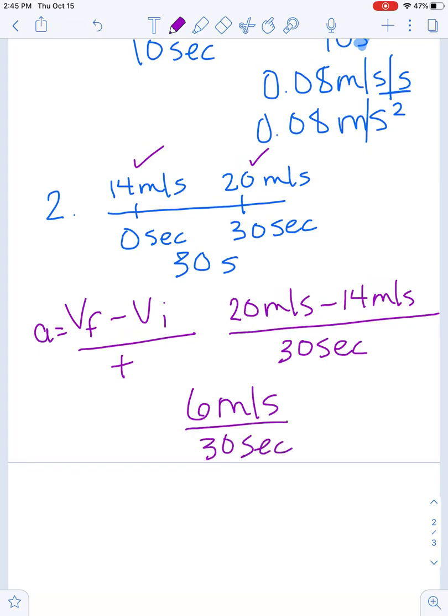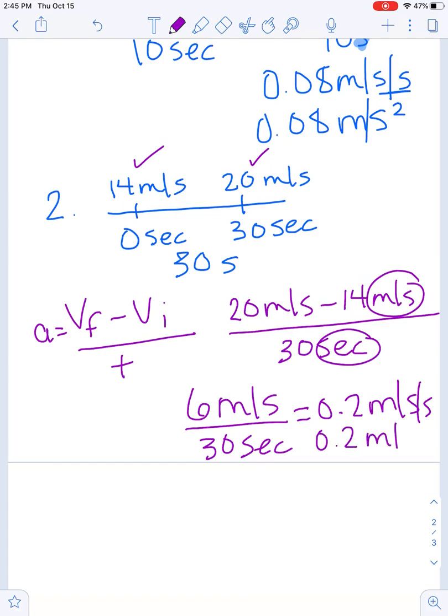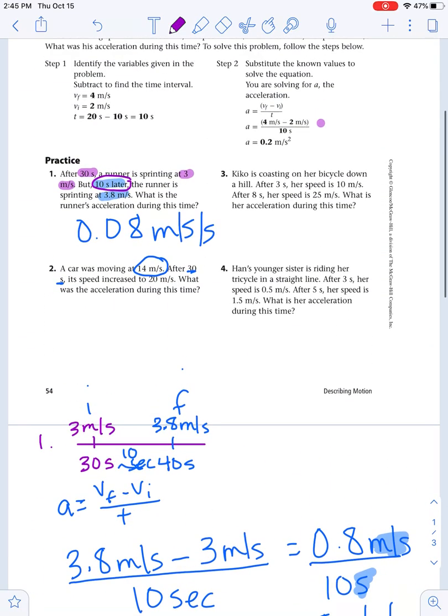Absolutely putting that into a calculator, and I come up with 0.2 meters per second per second, or I could say 0.2 meters per second squared. So my answer here is 0.2 meters per second per second.